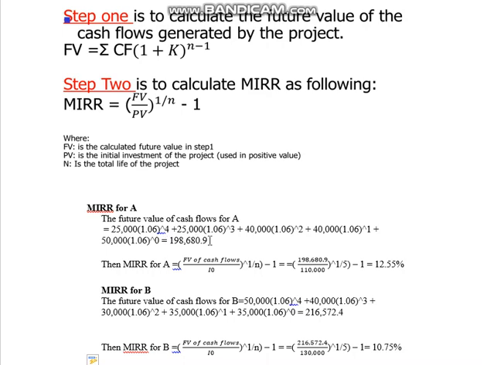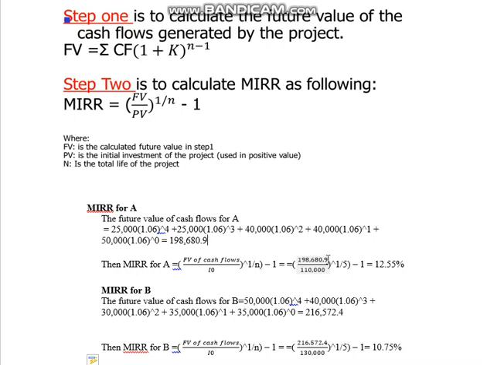So the future value will be equal to 198,680.9. Then the MIRR is the calculated future value divided by the initial investment in its positive value, to the power 1 over n, all minus 1.